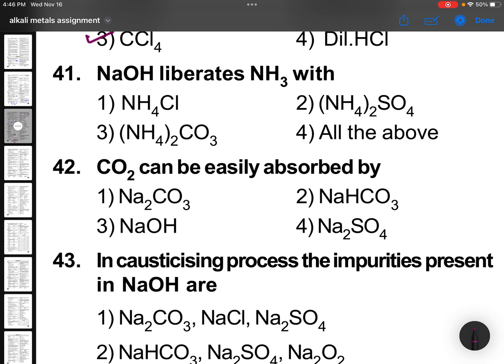NaOH liberates ammonia with any ammonium salt. This is a lab test, which you perform in your laboratory. Generally, if your teachers are very simple, they will ask you to take some amount of salt in your palm, add 1 drop of NaOH, rub it, and smell it.